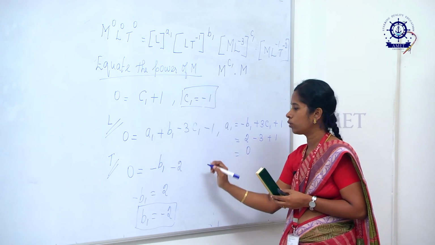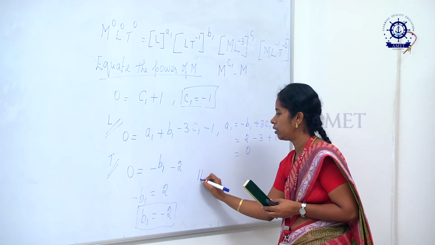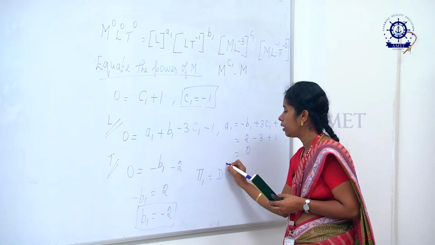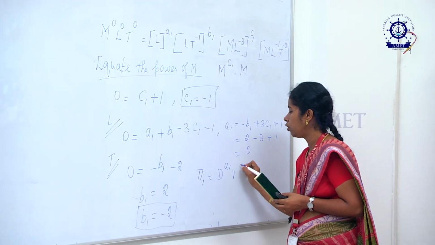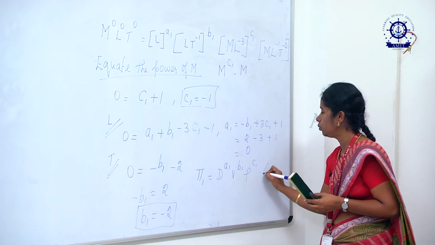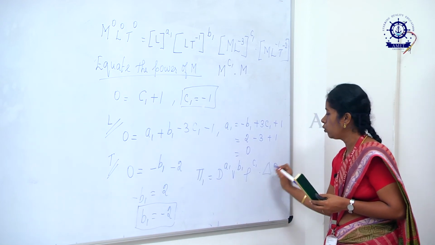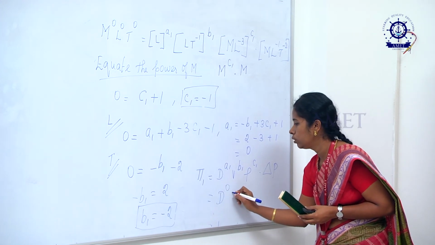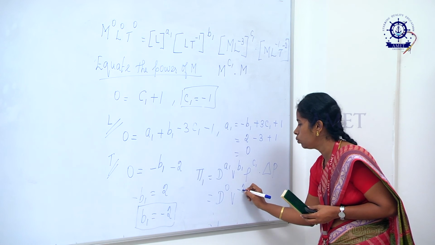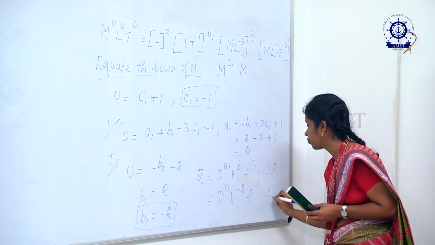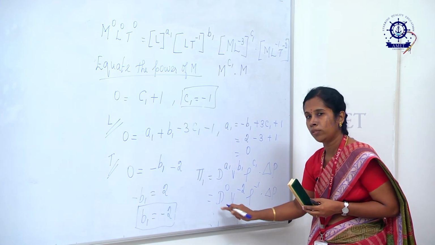Now you go back to the earlier thing where we started. We said pi 1 is equal to, what did we say? Diameter power A1, velocity power B1, rho power C1 into delta P. Now you substitute these values: d power 0, v power minus 2, rho power minus 1 into delta P. Anything power 0 will be 1.